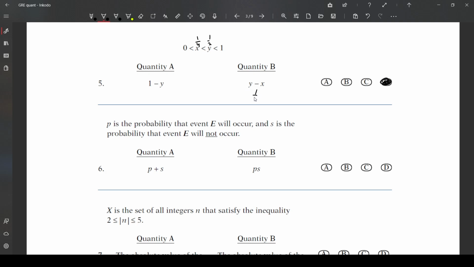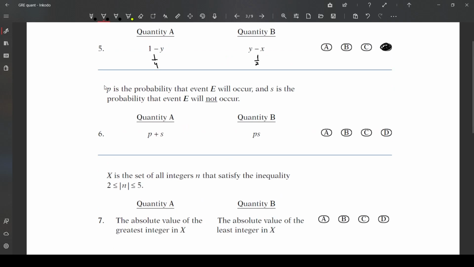This would give you 1/4 and 1/2. So that's A greater than B. Let's construct B greater than A. If this were 3/4 and this were 1/4, then this would be 1/2 and this would be 1/4. So it can't be determined.